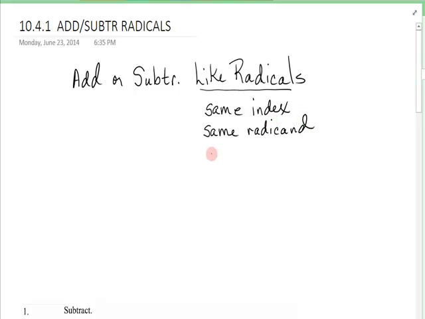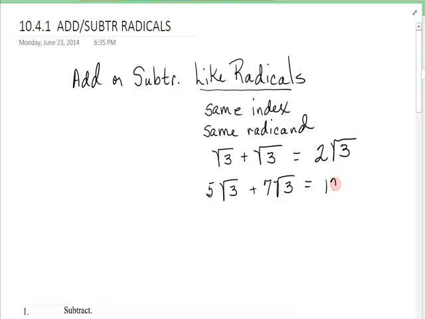So if you had the square root of 3 and you wanted to add the square root of 3 to it, you can do that. You simply say that you have 2 square roots of 3. It's kind of like adding x and x, and you get 2x. If you have 5 times the square root of 3, and you want to add 7 times the square root of 3, you end up with 12 square roots of 3.